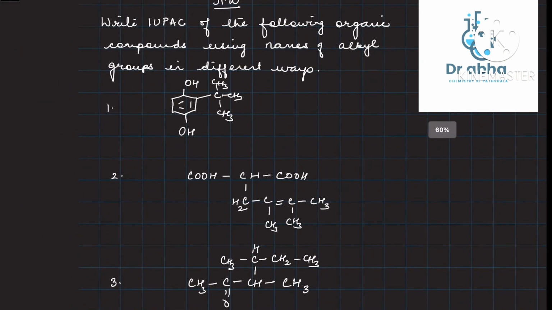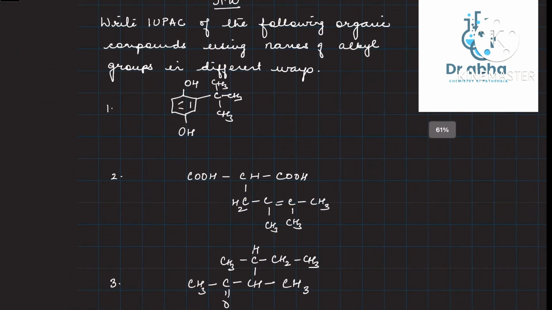And try and write the alkyl groups in all different ways. I have tried to take the examples of NCERT, and wherever I felt kids face challenges, I have taken those examples. Although I am going to take all the rest of the examples in the NCERT question answers. So guys, let me tell you, there's a big misconception about the NCERT book. Kids treat the NCERT book as an elementary book.